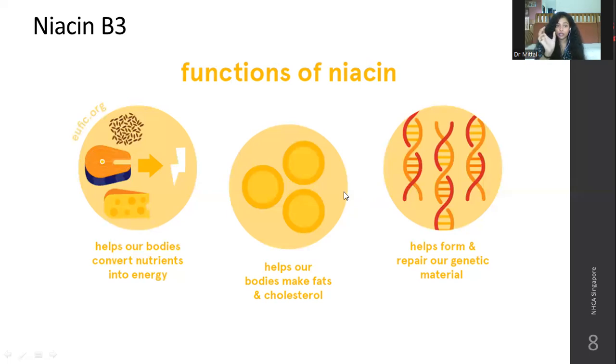Only when it is converted into a coenzyme can your body store it. It is riboflavin. Vitamin B2 is required to convert vitamin B3 into a coenzyme so that it can be stored in your body. At maximum for 6 months, these soft tissues, your liver, kidneys, and brain can store niacin.